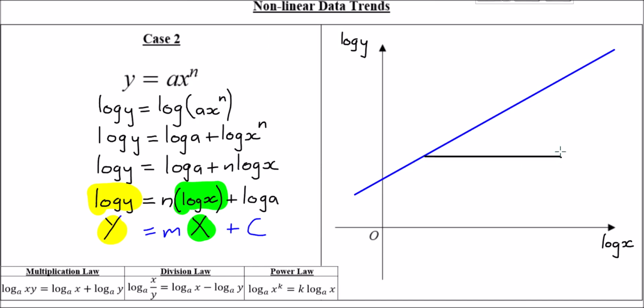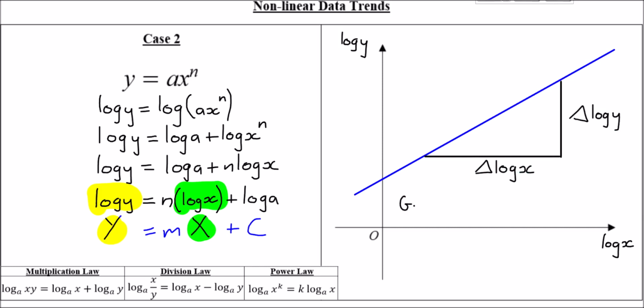So if I just take 2 points on the curve, then the gradient will be the change in the vertical variable, which is normally y, but in this case it's log y. So that's going to be the change in log y. And this step here is a change in log x.